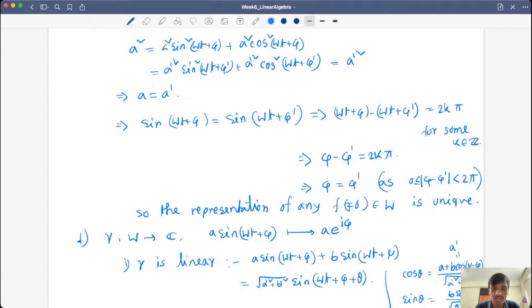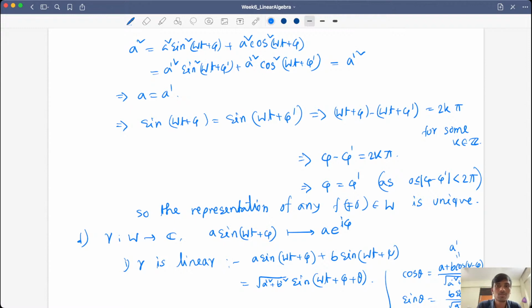I need to show that this gets mapped to the root of a prime square plus b prime square times e power i phi plus theta, right? But I need to show that this is the same as a e power i phi plus b e power i psi. So to manage that, I'm just calculating this one.